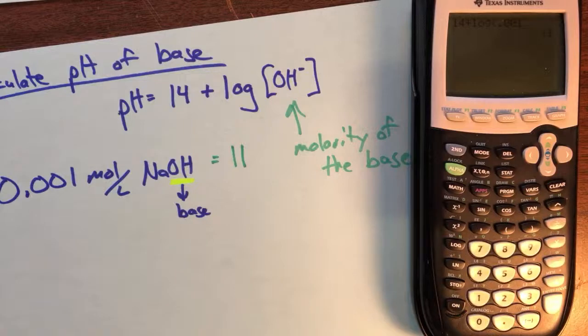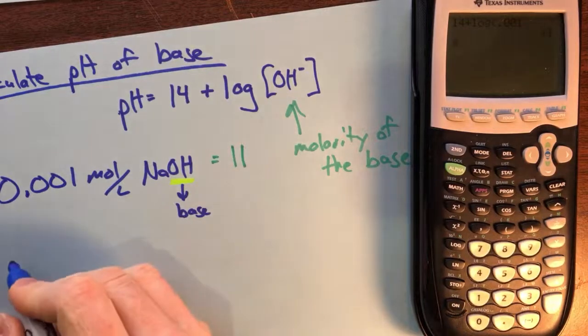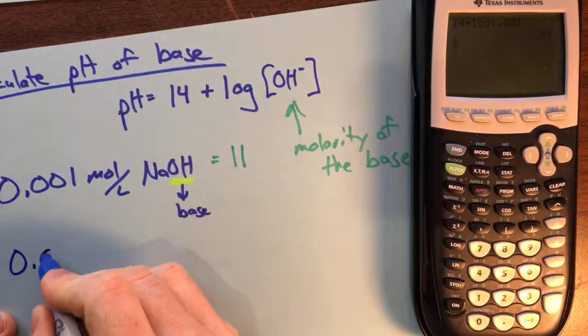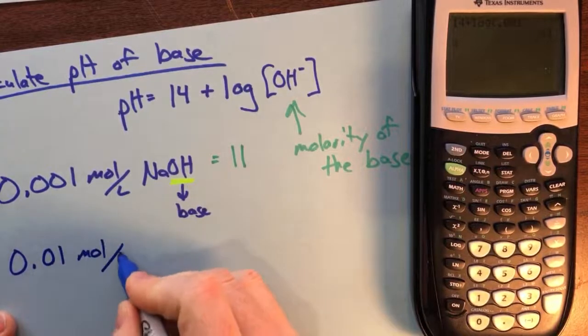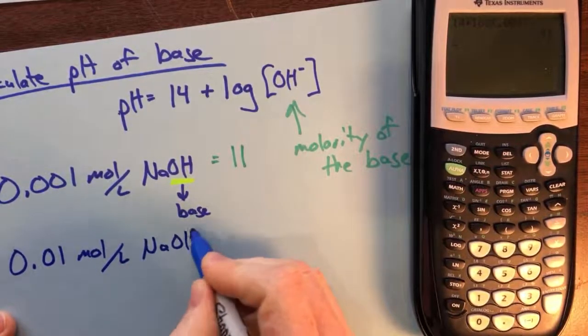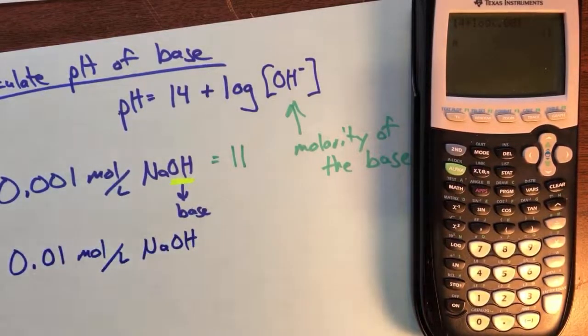How about, let's see if you guys can do this in your head. 0.01 mole per liter NaOH. What should the pH of that be? What do you guys think? What's the pH of that going to be?